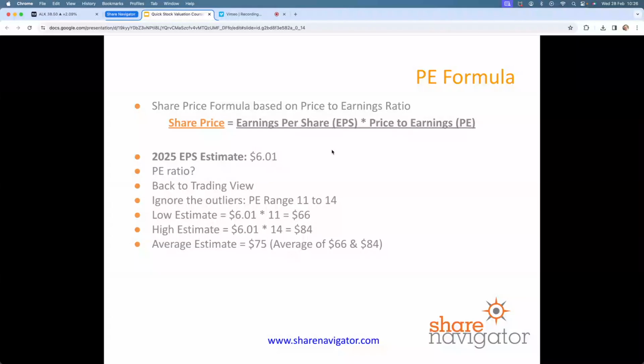Let's say the stock was earning $4 a share right now, but in 2 years' time, it's only forecasted to earn $3 a share. Well, that's a negative growth rate, and therefore I would be looking at a lower PE multiple because the growth rate is going negative. But because the growth rate is expanding and we look at the historical PE ratios, I'm confident in this range here. And that's why I would believe that this kind of price range is attainable, assuming this earnings per share estimate is correct.